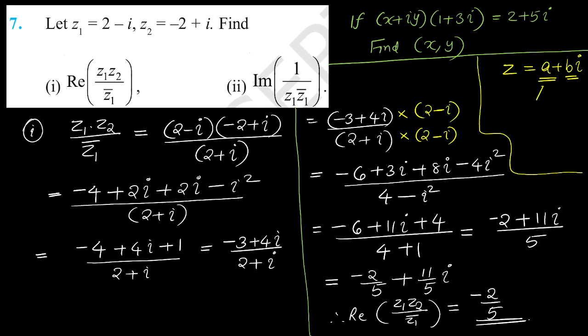The first one is the real part, and the coefficient of i is said to be the imaginary part. So a plus bi, a is the real part. The complex number is minus 2 by 5 plus 11 by 5i.